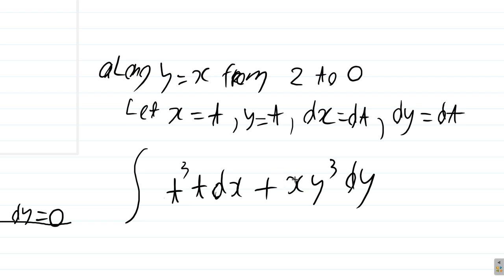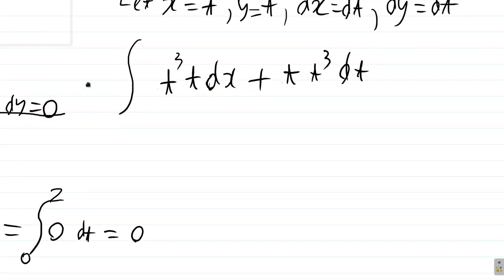Plus x, this x is t. And this y is also t, so y cubed becomes t cubed. Now what about the dy? Well, we see here that dy is dt, so we write that as dt.